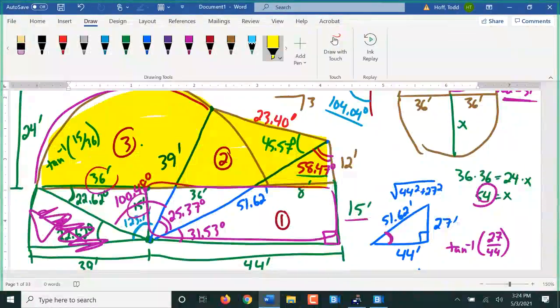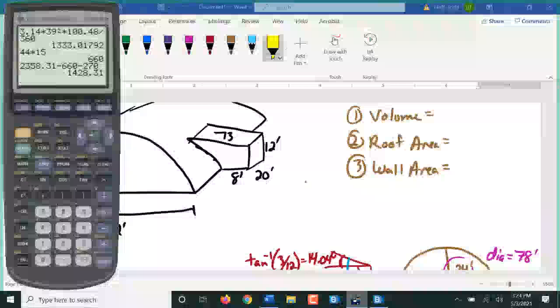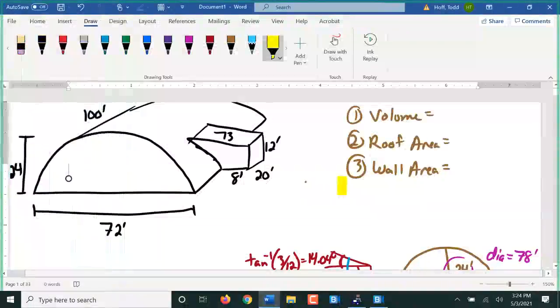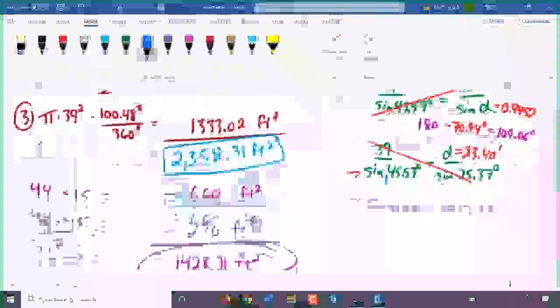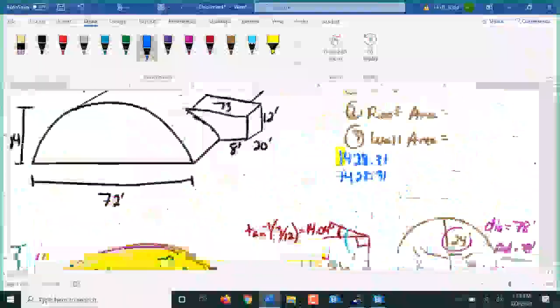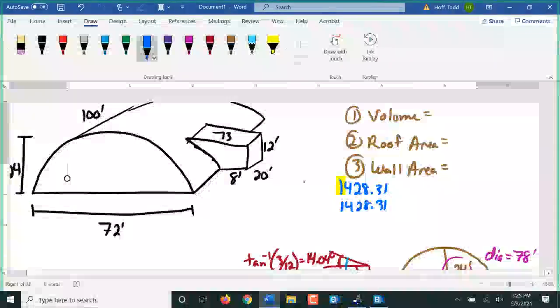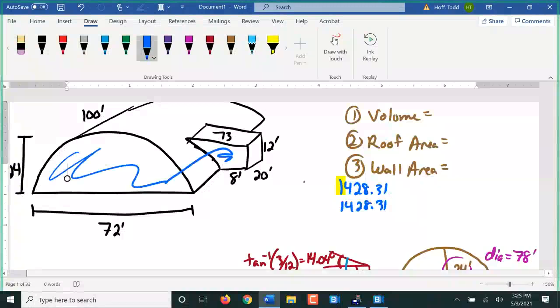Now I'm going to use that to find the wall area right now, just to get it over with. 1428.31. That covers this wall, but there's one on the other end, right?